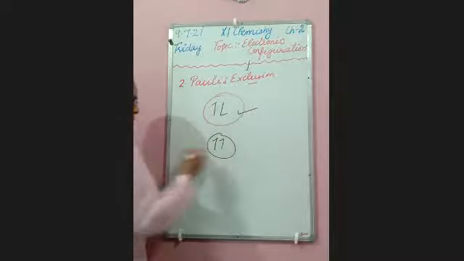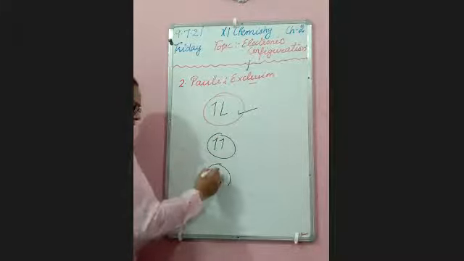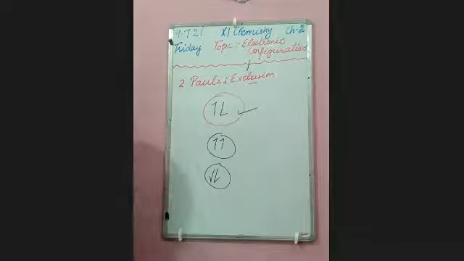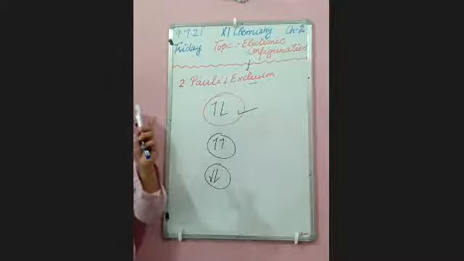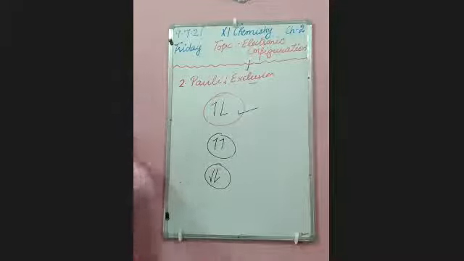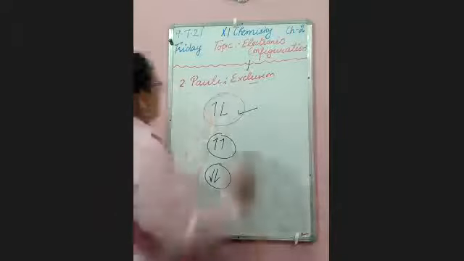This cannot happen. Their spins should be opposite to each other. Their spins should not be the same, which means if one is moving in the clockwise direction, the other should move in the anti-clockwise direction. This is your Pauli's exclusion principle.